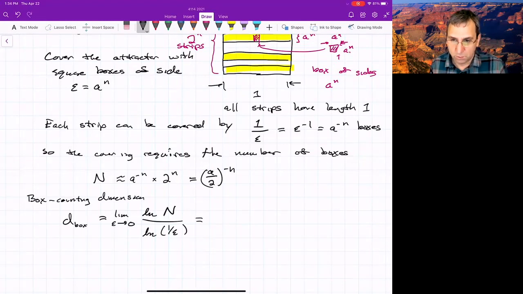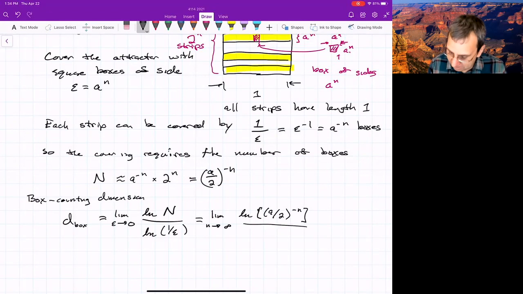So then what is this? We could change our limit. The limit as epsilon goes to 0 is also the same as the limit as n goes to infinity of natural log of (a/2)^(-n) over natural log of a^(-n).